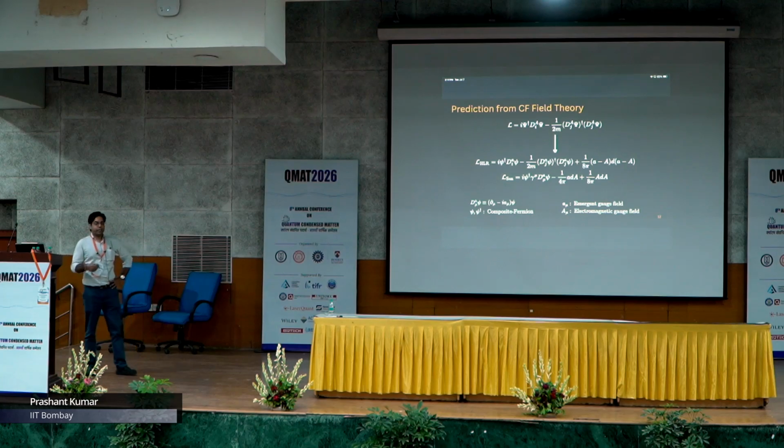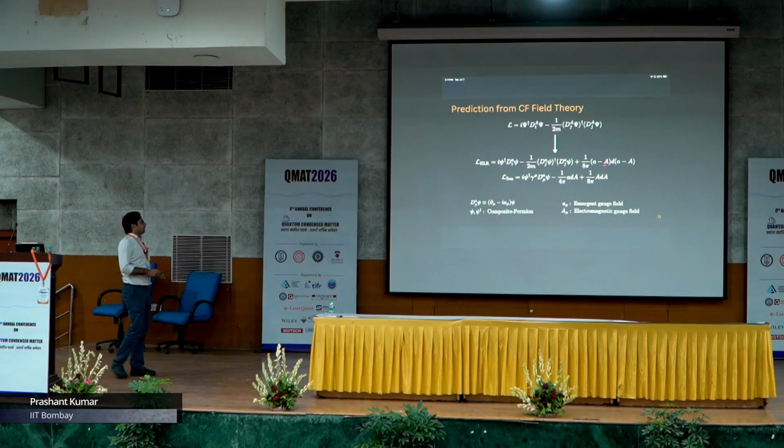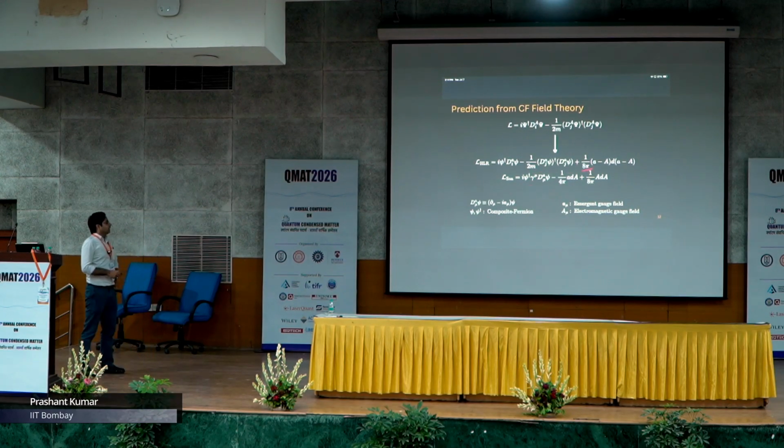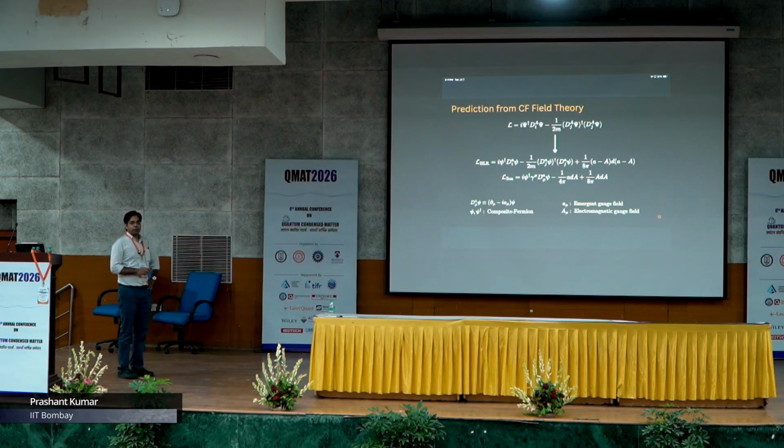Little a is an emergent gauge field, and that in turn interacts with the externally applied gauge field capital A. So for example, the density of electrons will be determined by little a and not composite fermions directly. There is another version of this theory where you think of these composite fermions as Dirac particles, as Dirac fermions. There are some differences between these theories, but for us it will not be important.